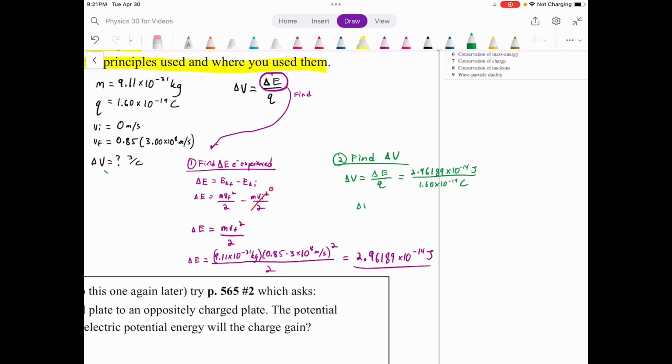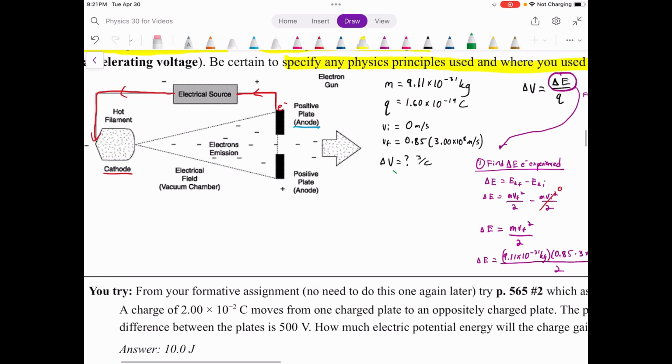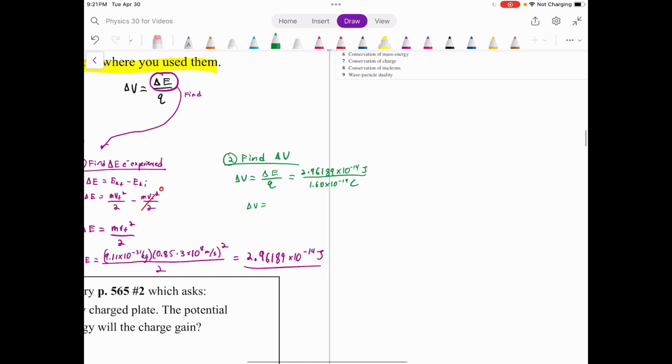So the voltage they're in, the difference between those two positions in terms of potential energy for every coulomb of charge, can be found by figuring out how much the electron's energy changed by divided by how much charge it has.